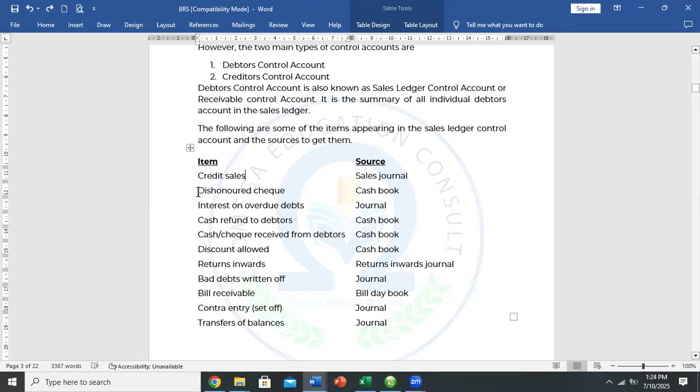The next one is dishonored check. Professors, what is a dishonored check? Who has an idea? I would be happy for a professor to tell me what a dishonored check is.